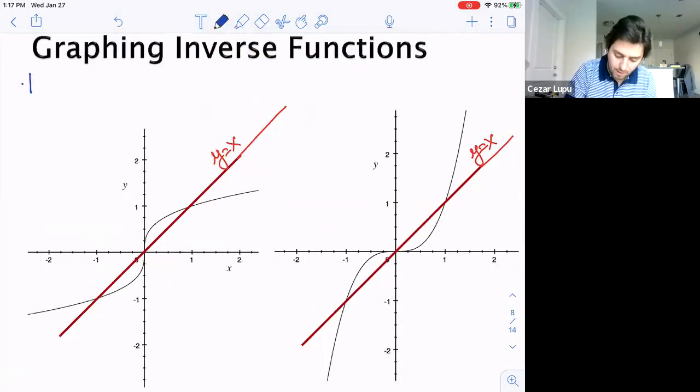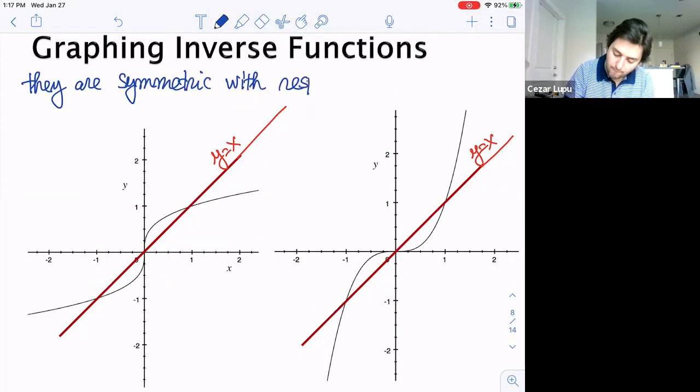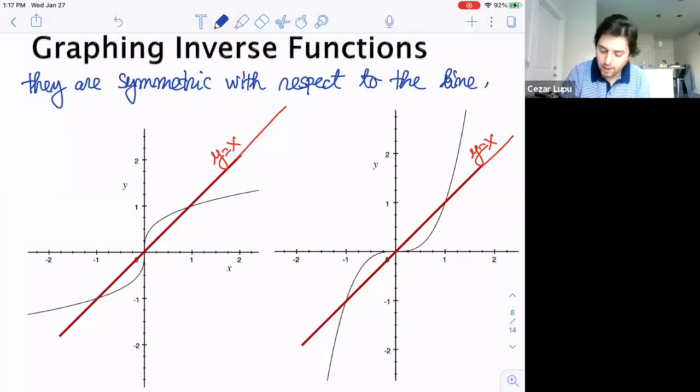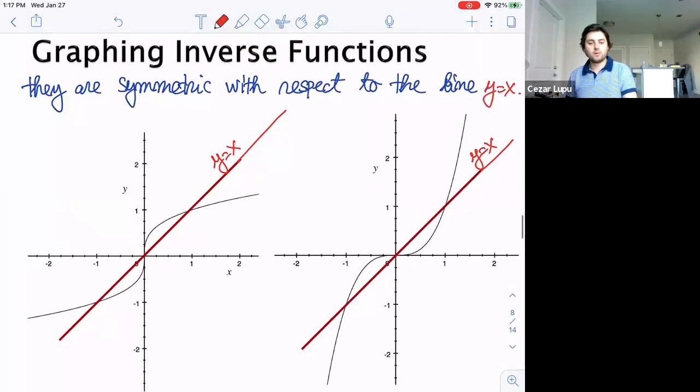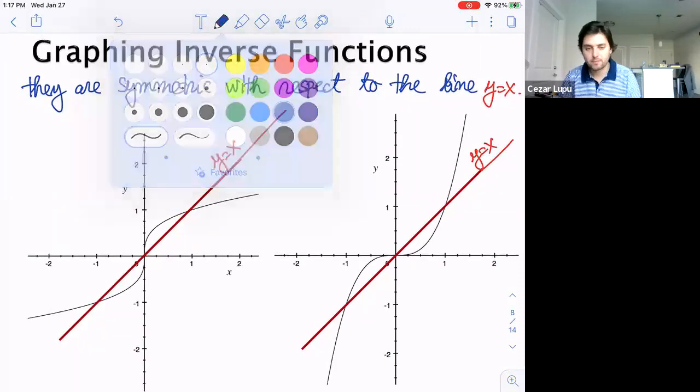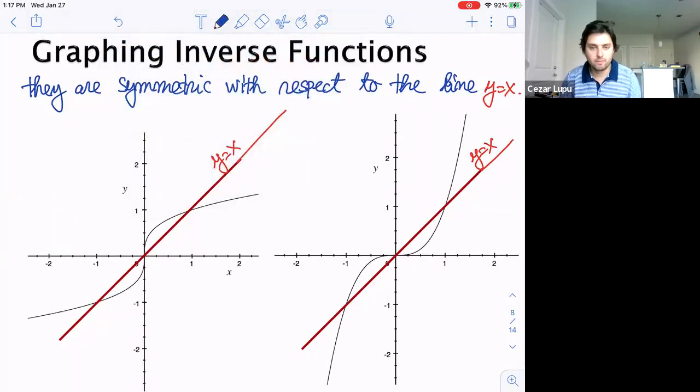So they are symmetric with respect to the line y equals x. So that's what you need to know. And these two pictures show this clearly. It's pretty obvious from these two pictures.